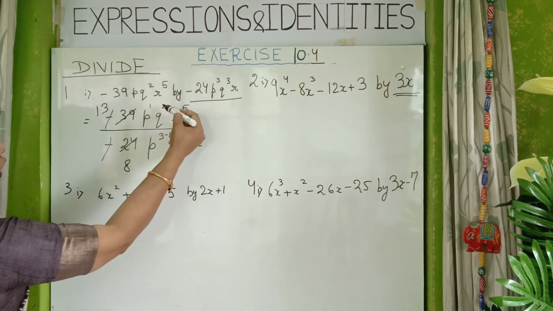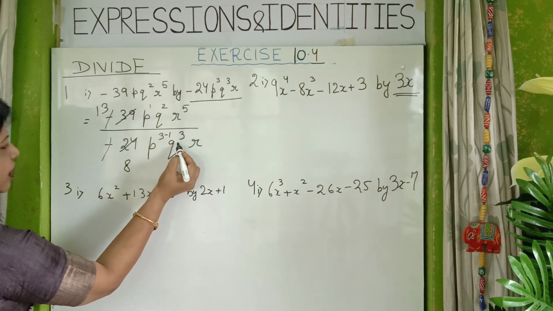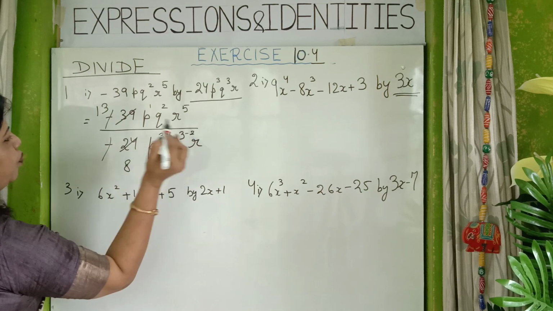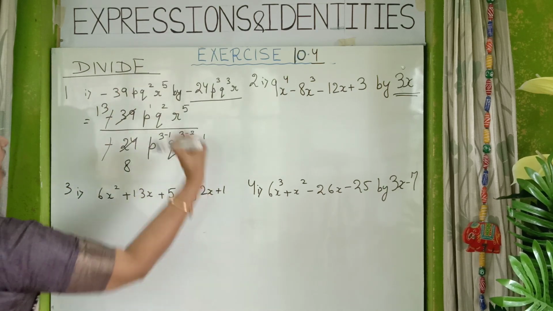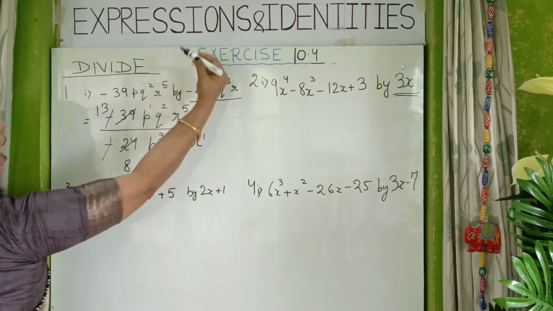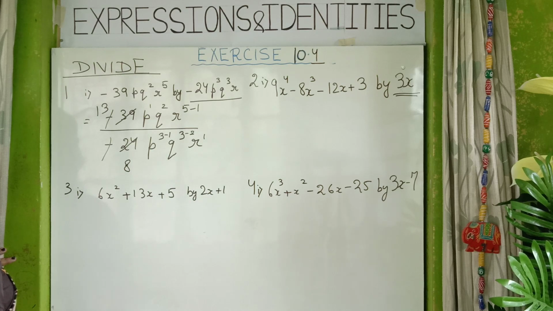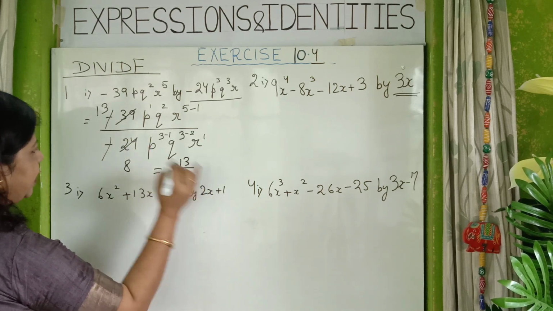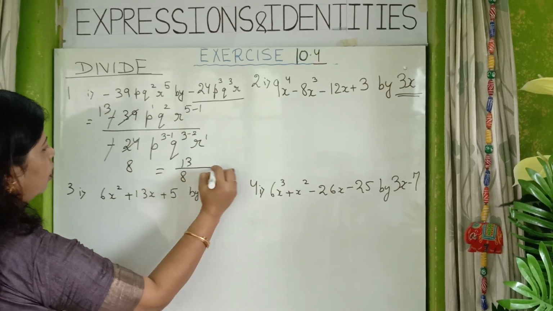Q you come to, q2, q3. I have told you, greater minus smaller. So in the denominator you shall subtract 3 minus 2. Come to r, r5, r1. I have to do the subtraction where the power is higher, so 5 minus 1. Follow, children? So my answer is 13 by 8. Be very careful. P, nothing is there on top.